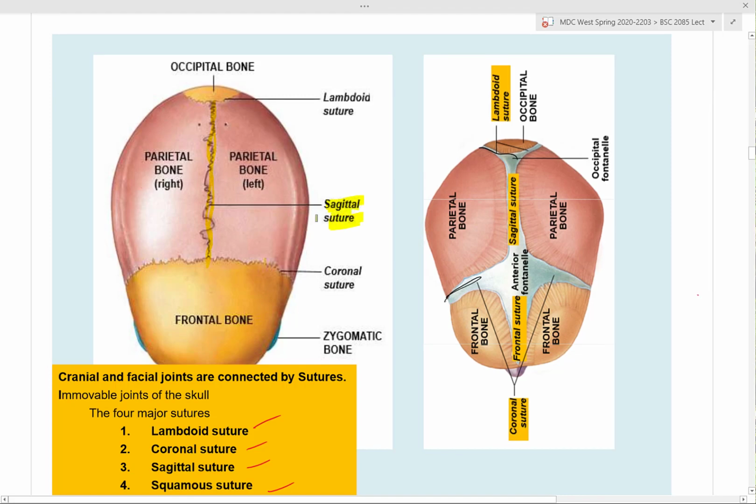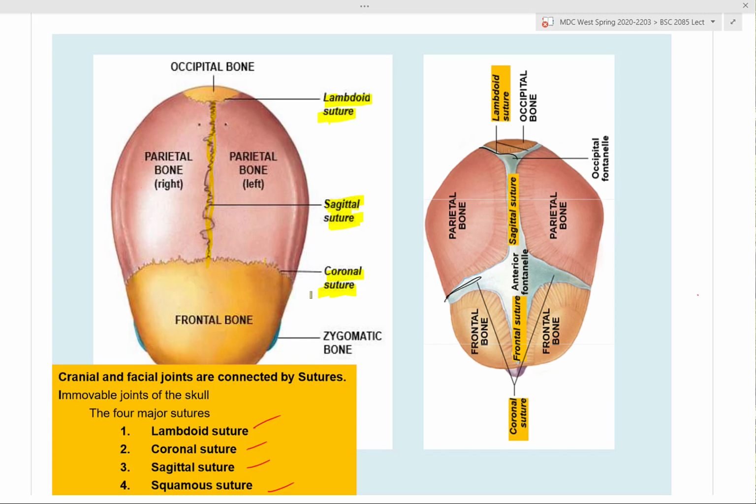We have the suture that divides parietal and occipital. We're calling that the lambdoid suture or parietal occipital suture. The suture that divides your parietal bones from the frontal bone will be known as the coronal suture. Okay? So just know the sutures. What do they do?